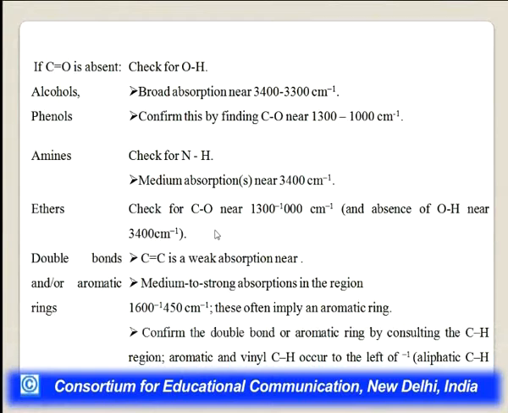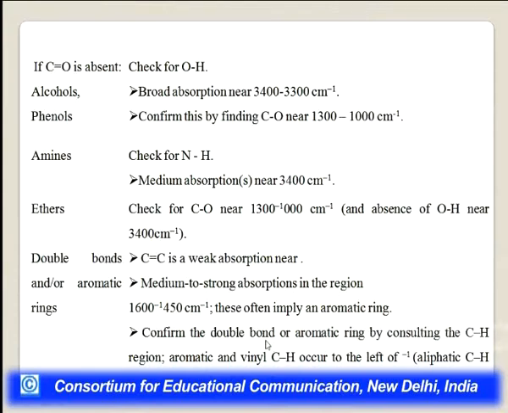For ethers, you have to see carbon single bond oxygen near 1300 to 1000 and the absence of OH near 3400. Double bonds give a weak absorption, while aromatic rings give medium to strong absorption in the region 1600 to 1450. These often imply an aromatic ring.